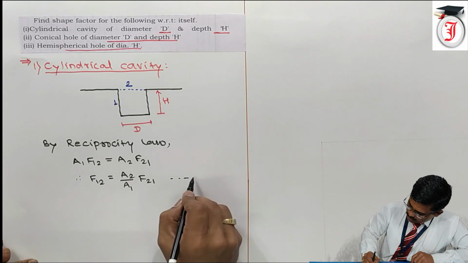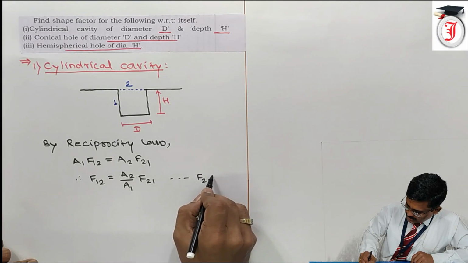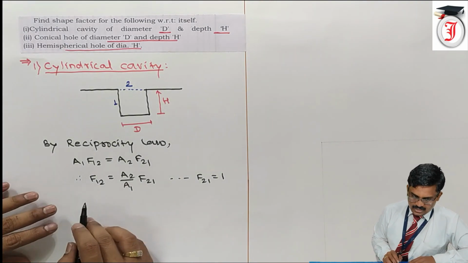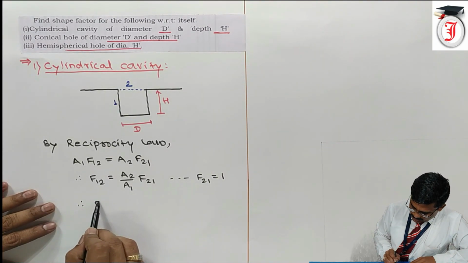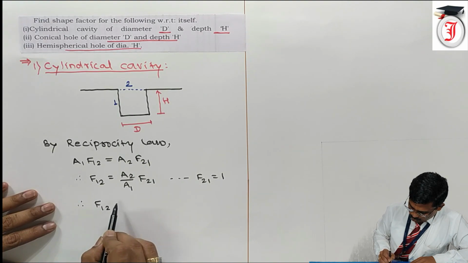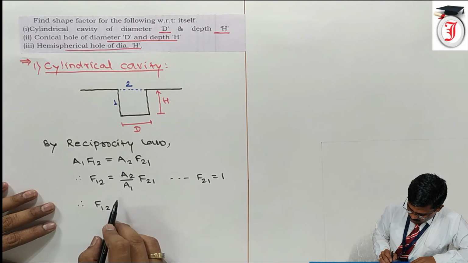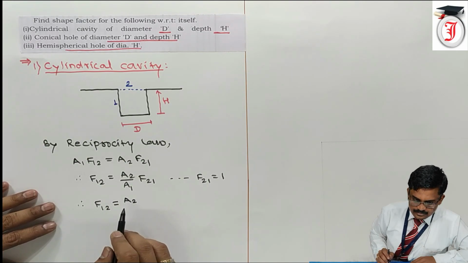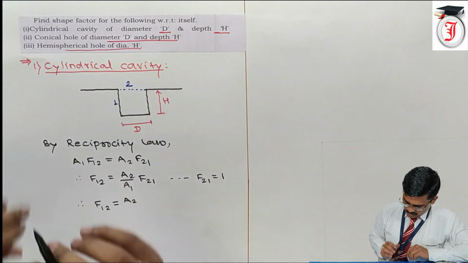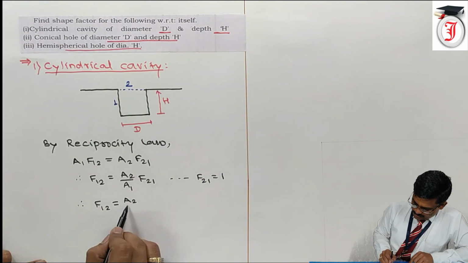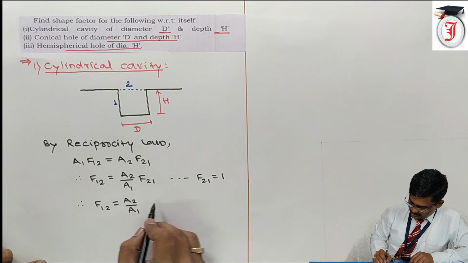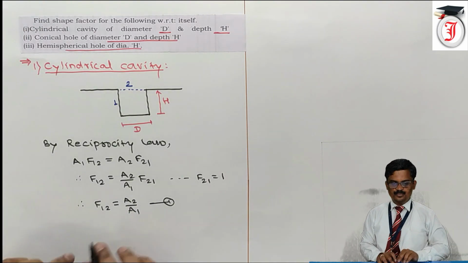So by observation we can say F21 is equal to 1. Therefore F12 is equal to A2 upon A1 because this F21 is 1. So let us consider this is equation number 1.